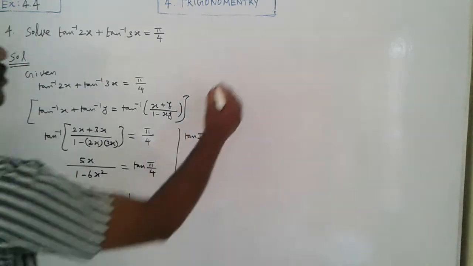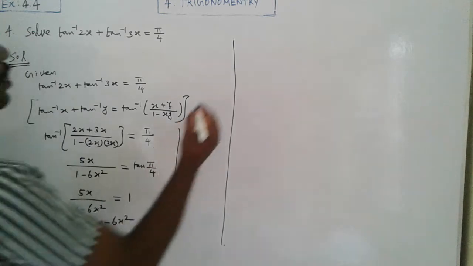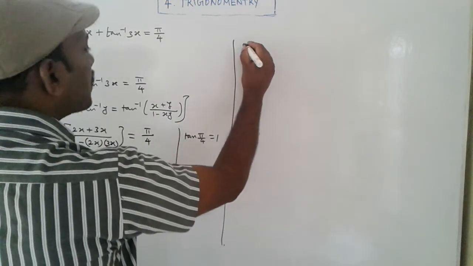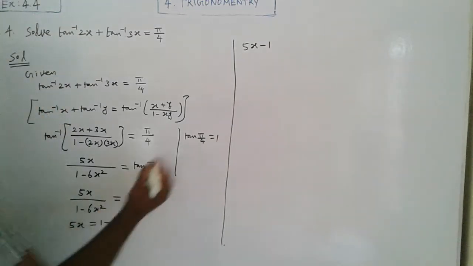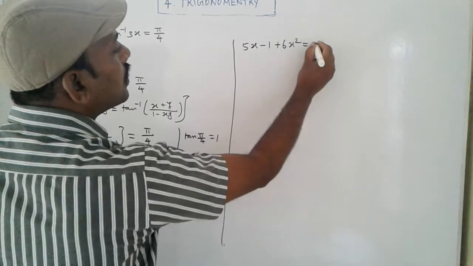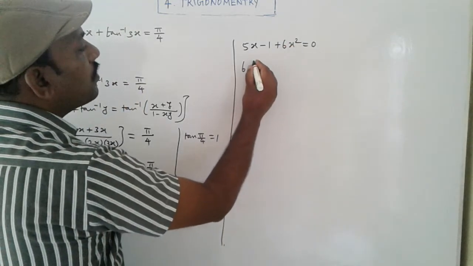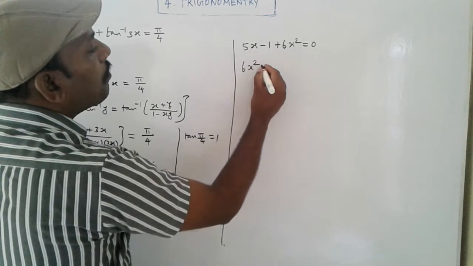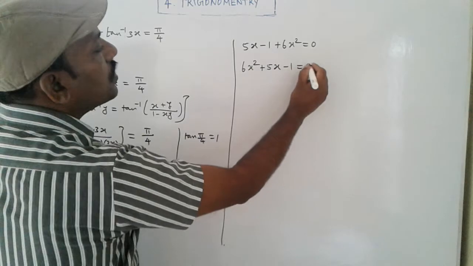Next we take this to the left hand side, and the sign is changed. 5x minus 1 plus 6x square. So now writing in order: 6x square plus 5x minus 1 equal to 0.